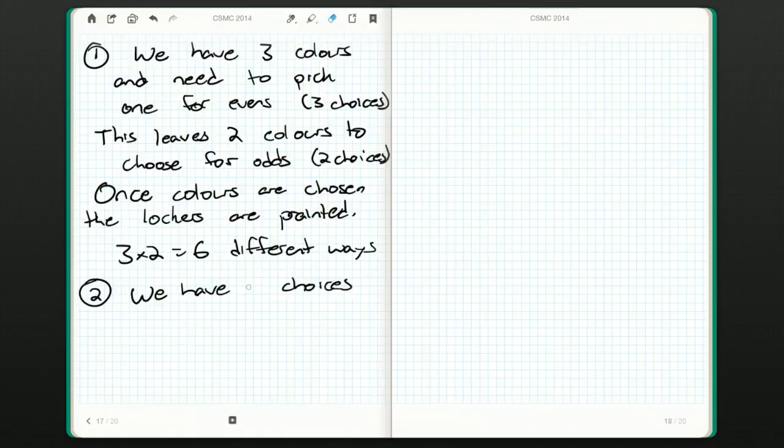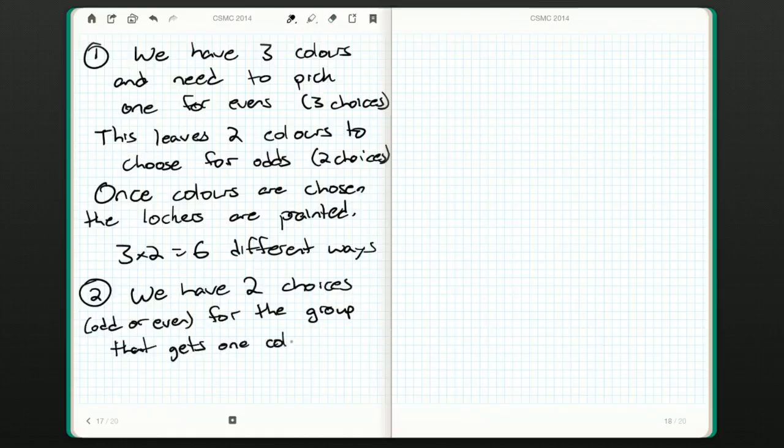First, we need to know who's going to be monochromatic. So we have 2 choices, even or odd, for the group that gets just one color.